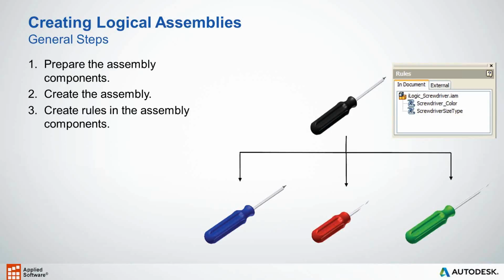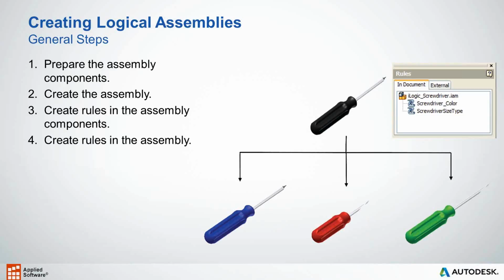And then, of course, this is where we get back in to create rules in the assembly components. So possibly if you have some individual parts that you have created rules for or need to create rules for, just make sure that those are already set up.